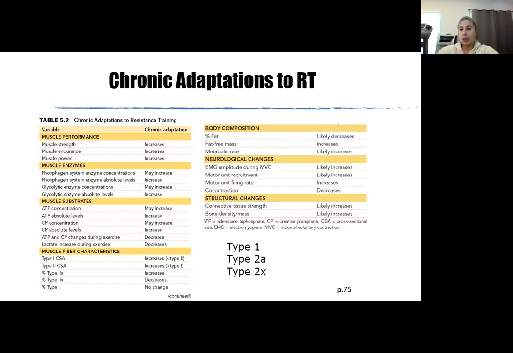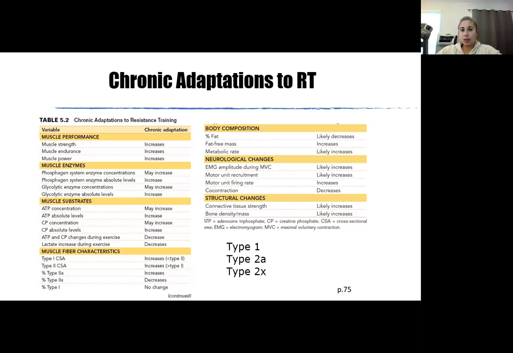Then neurological changes, we're going to talk about that in a bit as well, but we can see our motor units can fire faster, and we get more recruitment of our motor units, and I'll talk about that in more detail in a second. And then some structural changes, well, most likely we're going to improve our bone mineral density. It will help. And connective tissue, such as our ligaments and tendons, are stronger.